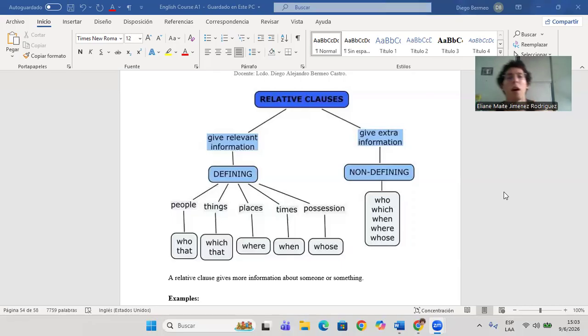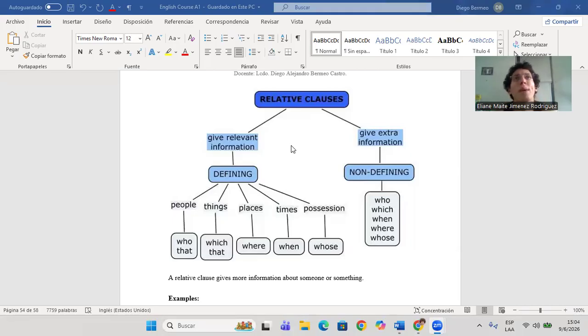So here I have a small graphic about the relative clauses. We have the defining relative clauses and the non-defining relative clauses. The defining relative clauses are the ones that give relevant information. So this information is relevant for the sentence. What it means is that if you delete the relative clause, the sentence wouldn't make sense.